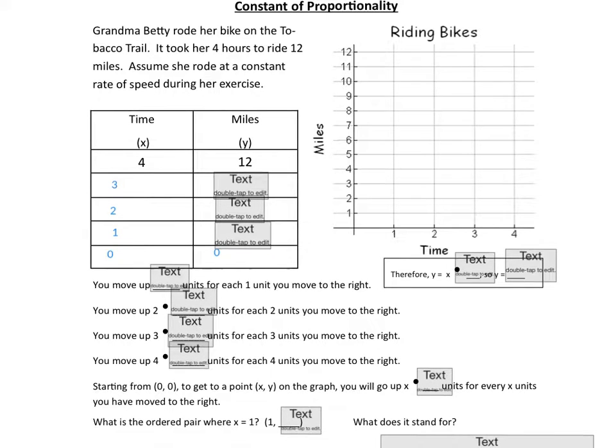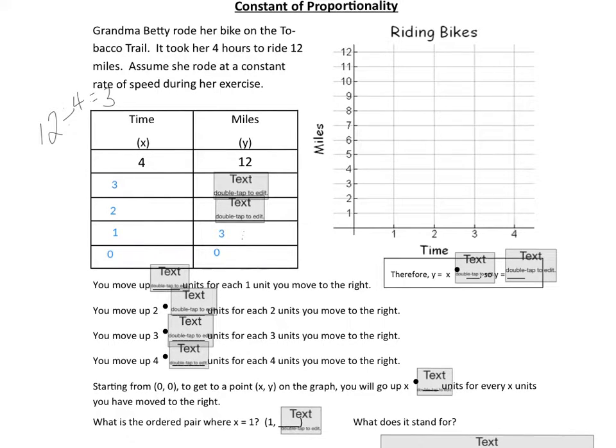To figure out the unit rate, to say she's been riding for 1 hour, we can divide 12 by 4. And that tells us that each hour she's ridden 3 miles per hour.